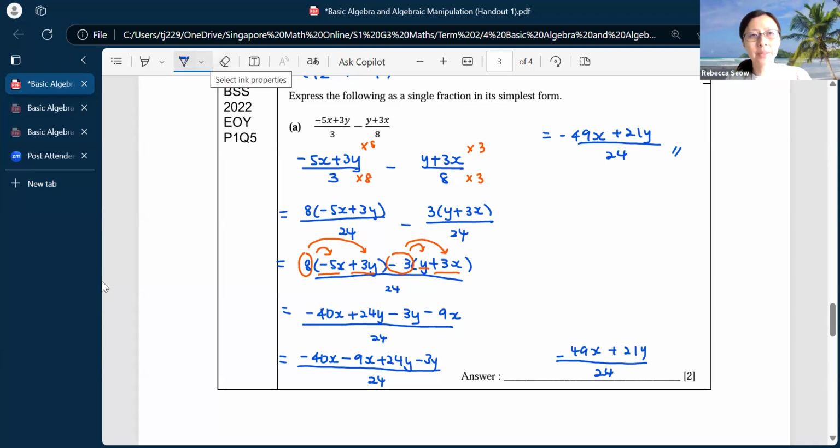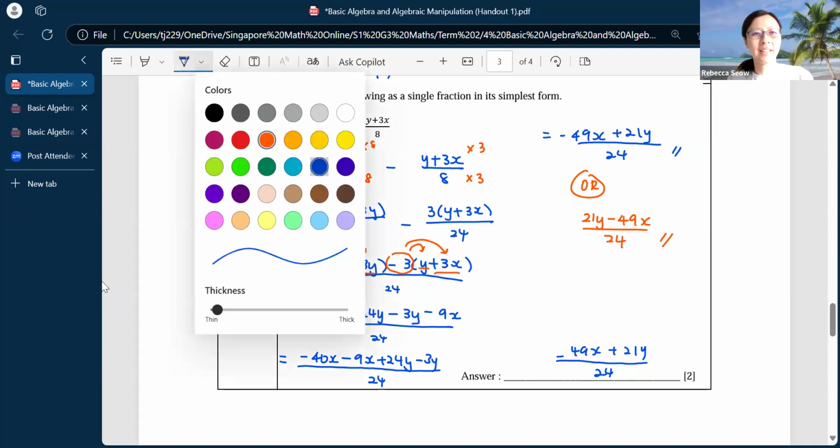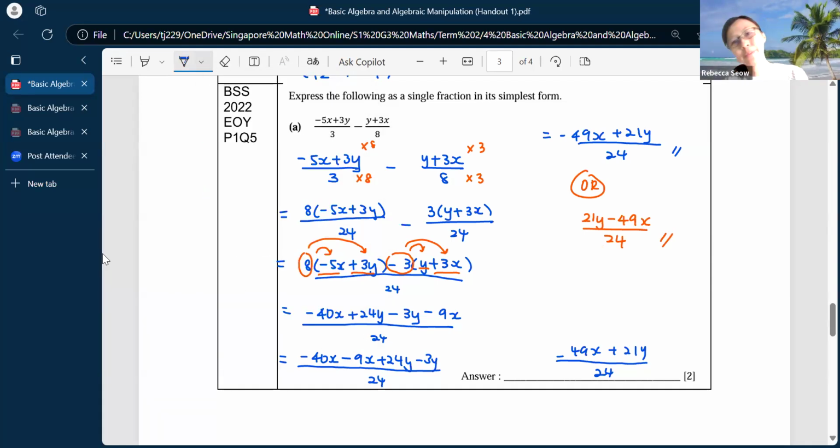If you are uncomfortable about your answer starting with a negative sign, you could actually rearrange the terms in the numerator to start from a positive value. This works out as well. Personally, I would prefer to do it the second way, start on a positive sign.